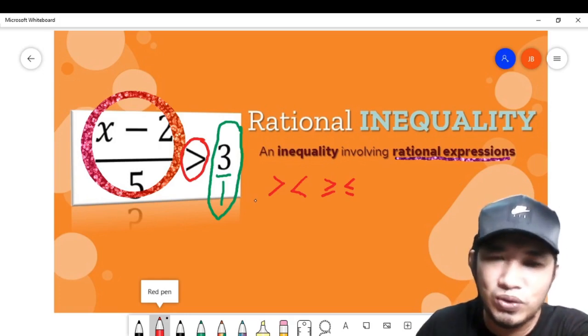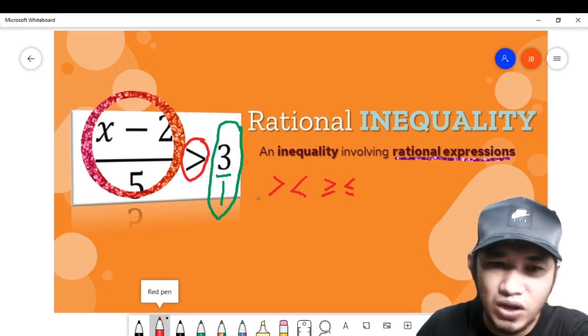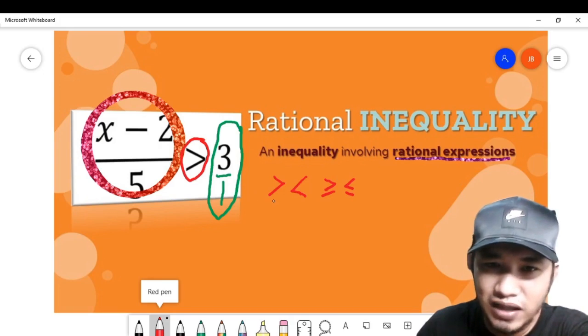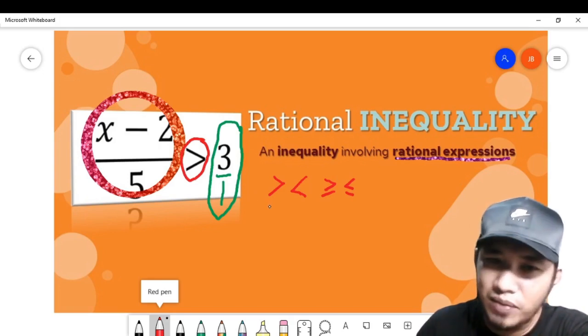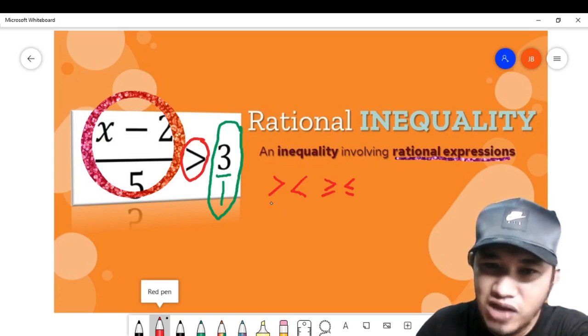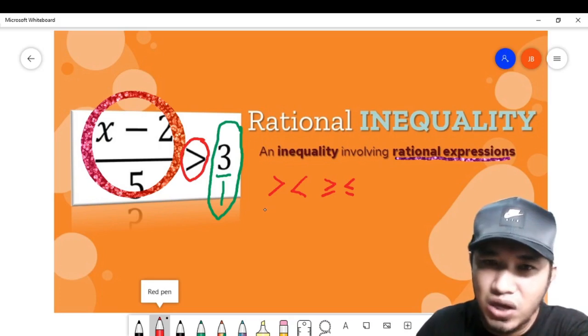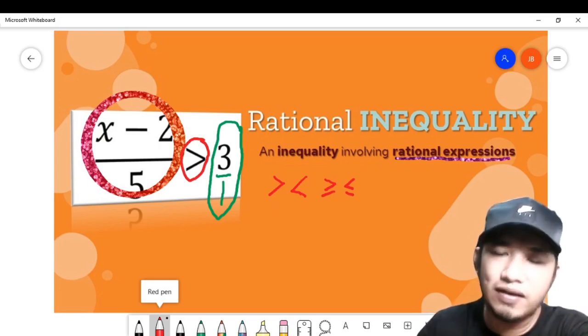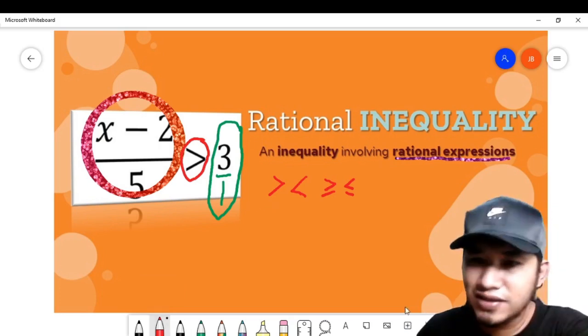Those are the inequalities, guys. When you see this sign between two rational expressions, those are rational inequalities. Alright? So, next.